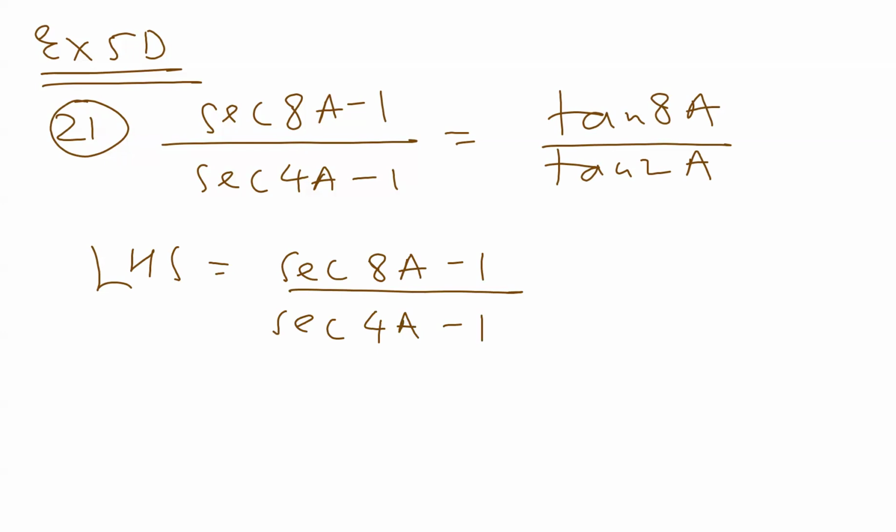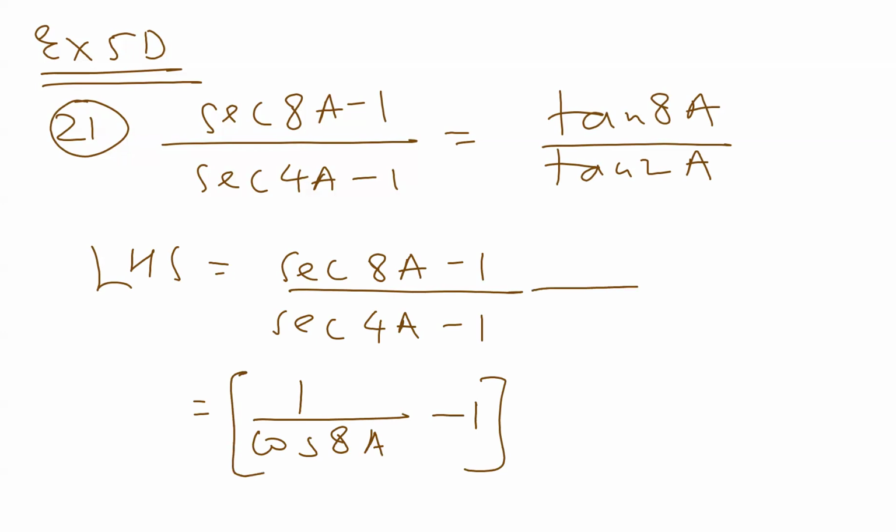Okay. Conversion of sec into cos: 1 upon cos 8a minus 1. Now this particular line, I'm just putting a division sign over here, and sec 4a is equal to 1 upon cos 4a minus 1.